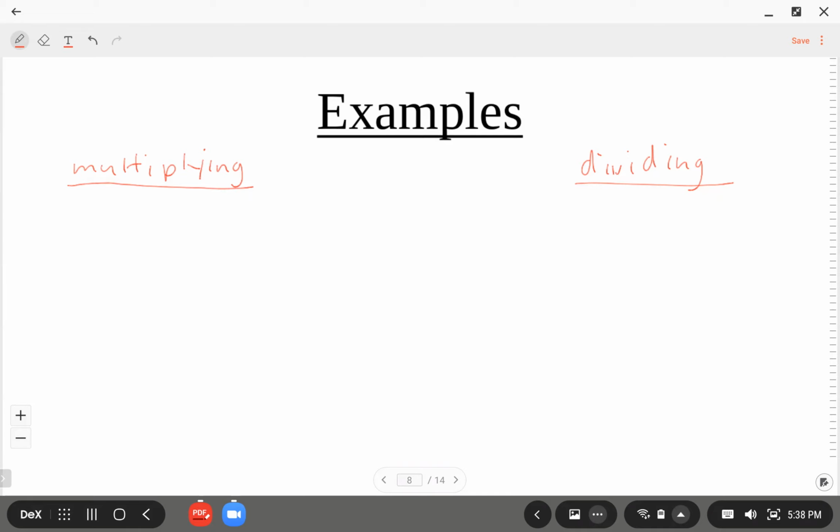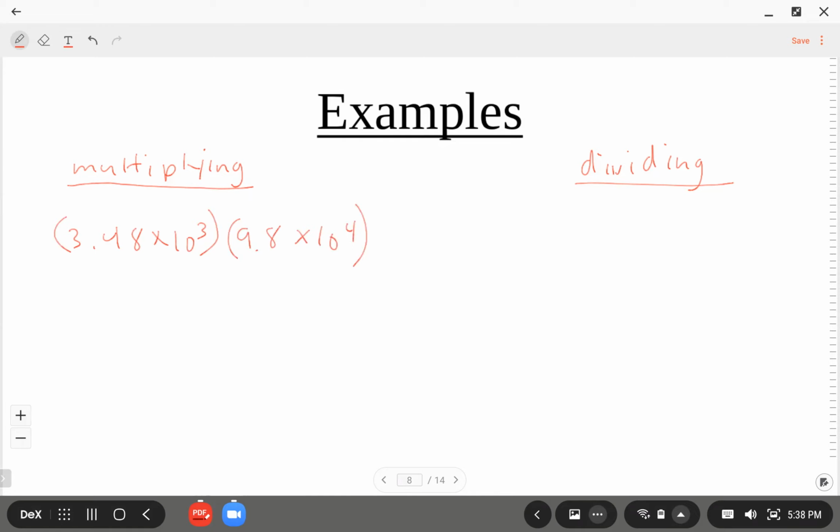Let's say, what is a good number? 3.48 maybe, times 10 to the third, put that in parentheses, and 9.8 maybe, times 10 to the fourth.